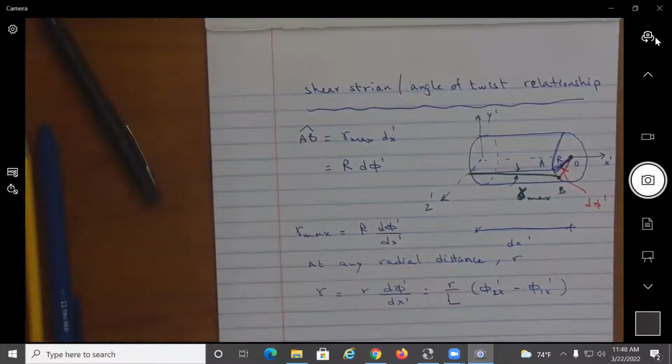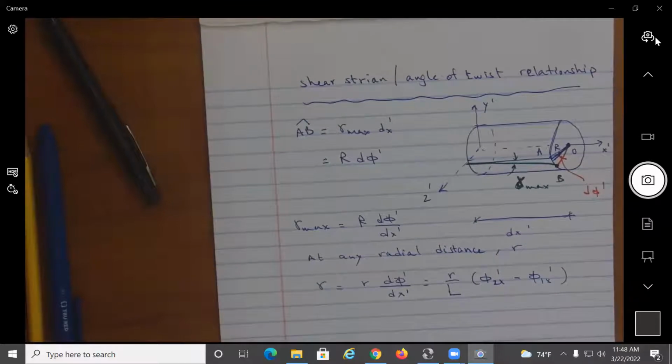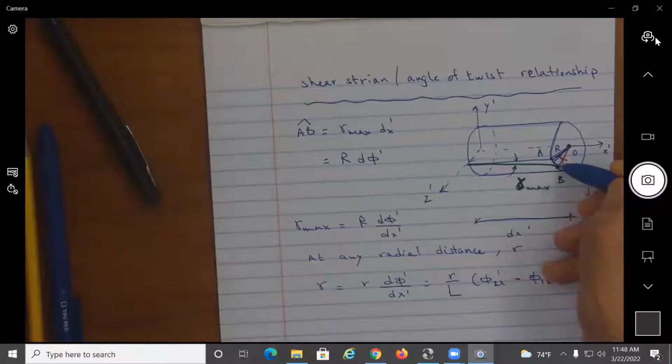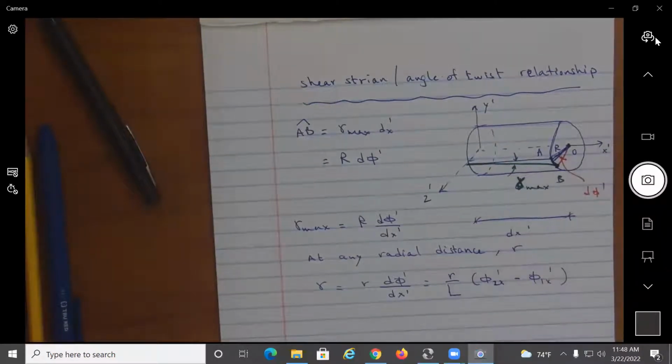Elongation was, as you remember, U2 minus U1, which gives me the elongation. By the same token, we did here phi 2 prime x minus phi 1 prime x. So AB is this arc length here, from A to B, along the surface of this element.